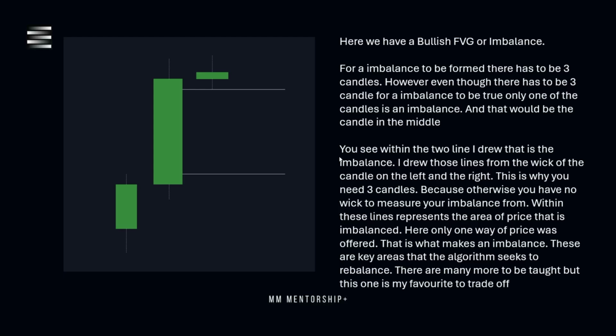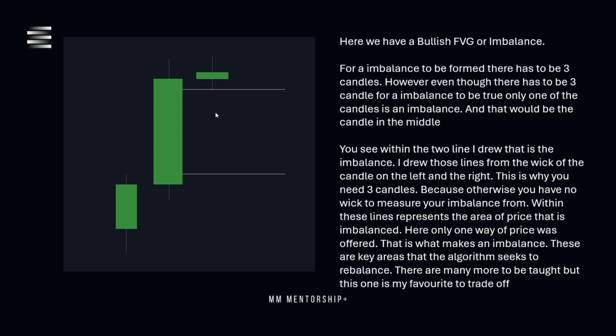Within the 2 lines I drew, this is the imbalance. I drew those lines from the wick of the candle, from this wick to this wick. What this represents is only one side was offered. Only buyers were here. You see here and here, there were sellers offered.